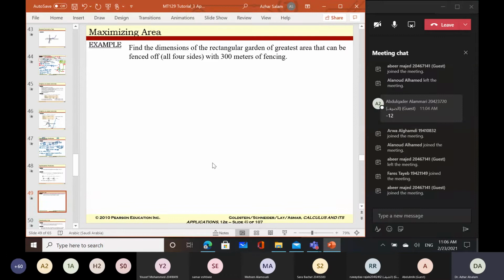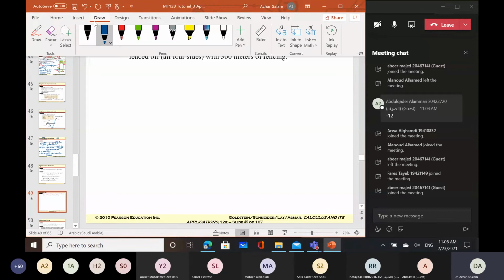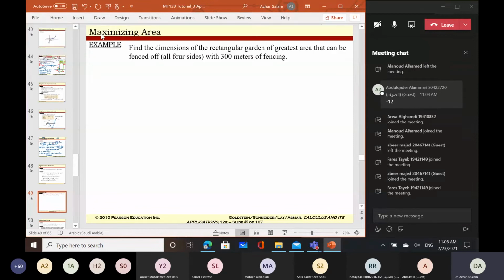Now, how do we apply this to a real-life problem? Here I have maximizing area. What's the meaning of area? Area, اللي هي المساحة. If I have, for example, a rectangular garden, like the example here, so I have a rectangle like that.